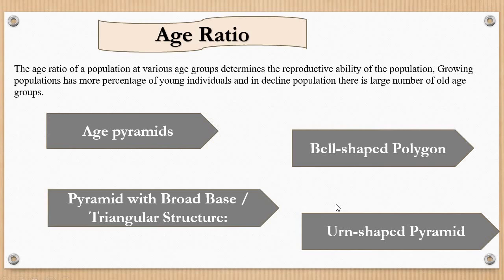If you remember, the statement we made was that the age ratio of a population at various age groups determines the reproductive ability of the population, right? A growing population has more percentage of young individuals, and in a declining population there is a large number of old age groups.